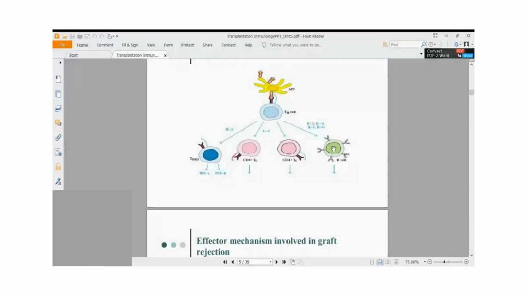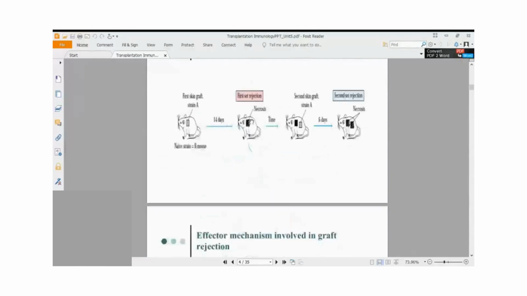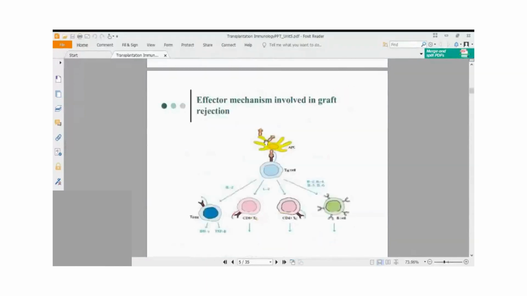Different types of antibodies will be produced against different antigens of the donor tissue. Within 7 days the antibody production starts, and the high titer antibody will be in the blood circulation of the recipient by the 14th day.